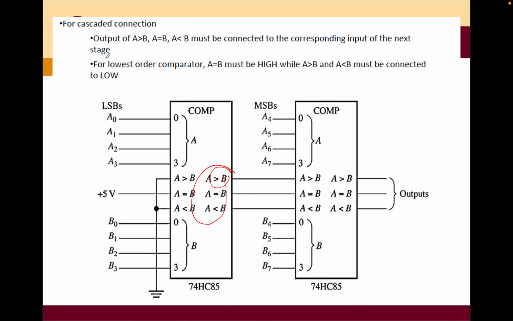And for the lower order comparator, A equal to B must be high, while A more than B and A less than B must be connected to the low. So you need to know how to connect between each other if you want to have a cascade connection.